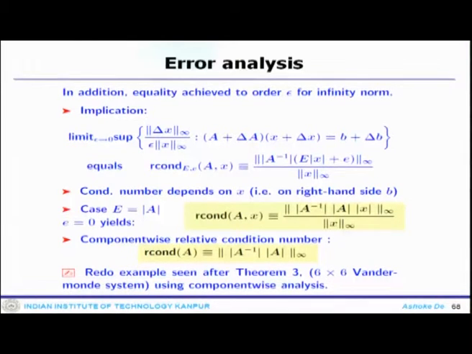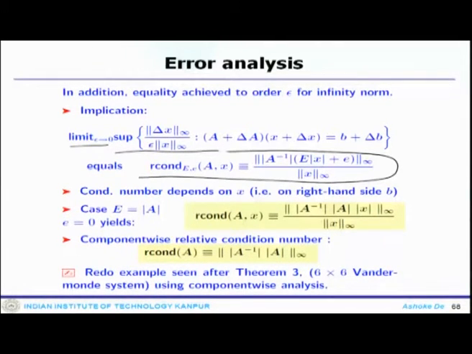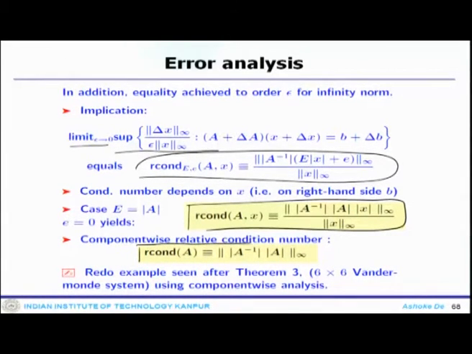Now, in addition to that, for the infinity norm, the implication is that if you take the limit of that whole theorem, you get back the condition system, and the condition number depends on x and all these things. The relative condition number would be defined as the norm of the magnitude of A inverse times the magnitude of A at the infinity level.